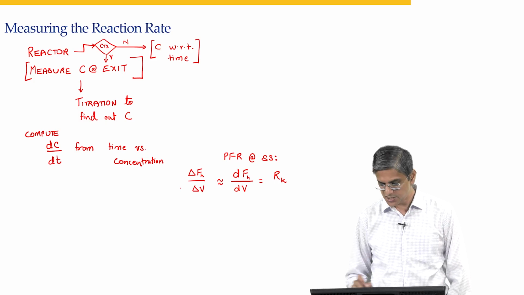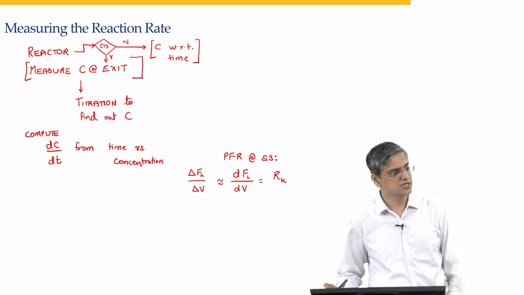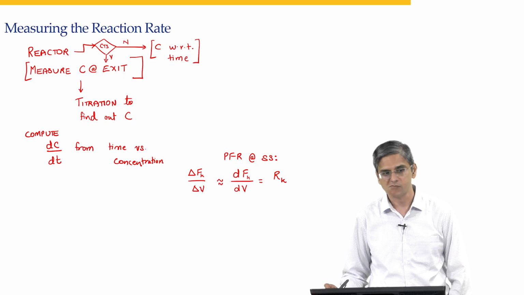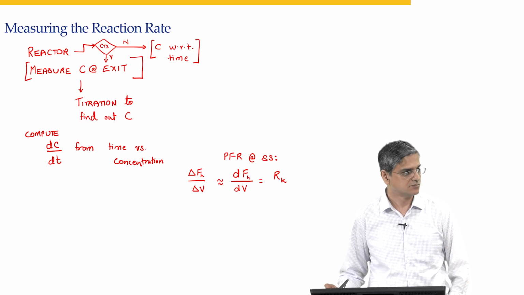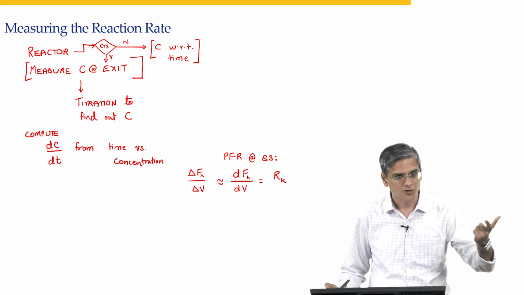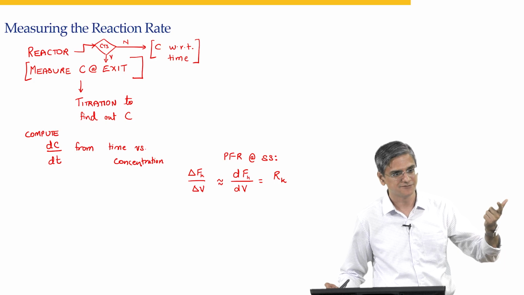When is dFk by dV approximately equal to delta Fk by delta V? Constant slope or small changes in volume. How do you know that the volume is small enough?